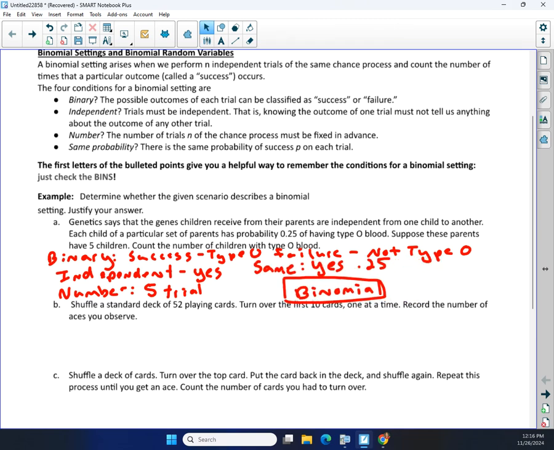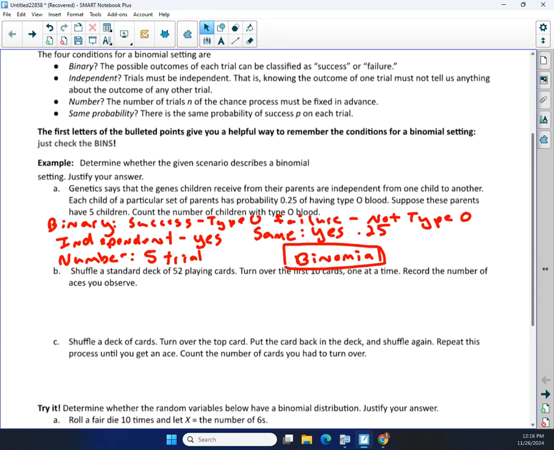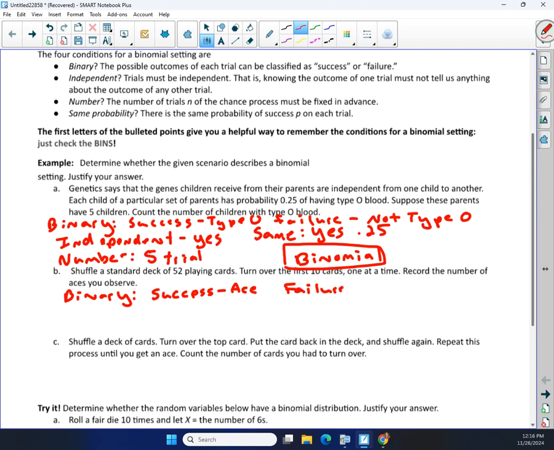All right, shuffle a standard deck of playing cards. Turn over the first 10 cards one at a time. Record the number of aces you observe. So binary is our first question. Success is an ace. A failure is no ace. So we've got binary.